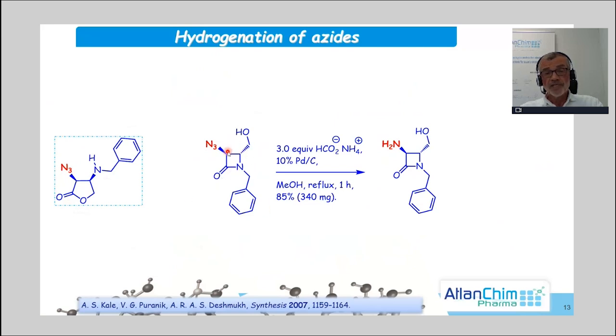To circumvent this difficulty, the reduction of the azido beta-lactam was successfully achieved by transfer hydrogenation using palladium on carbon and ammonium formate as a hydrogen source in methanol to give the amino beta-lactam here in a very good yield, as you can see here.